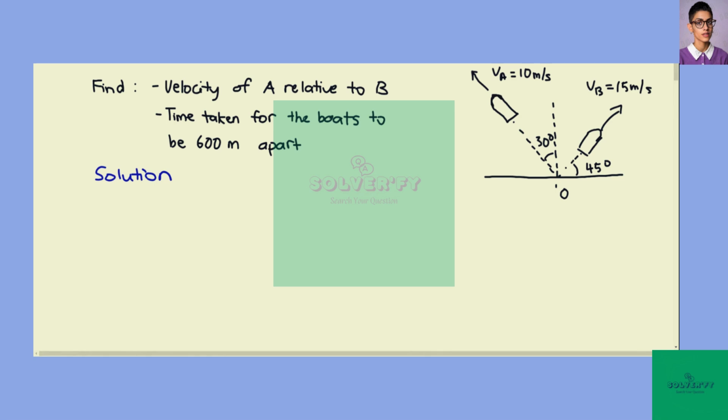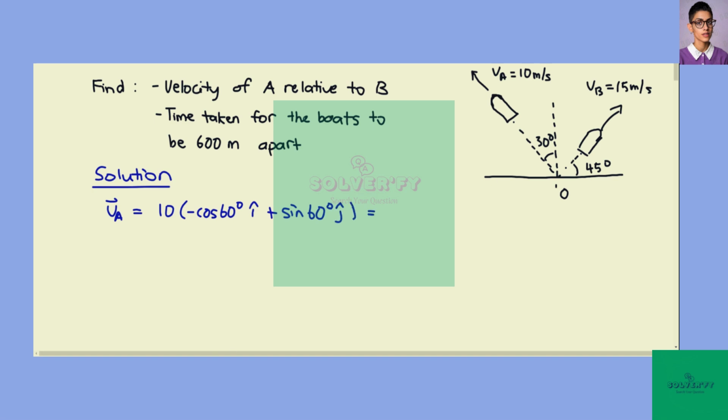The first thing we need to do is write down the velocity of A in vector form. Based on the diagram, we have 10 times minus cosine 60 degrees i plus sine 60 degrees j.